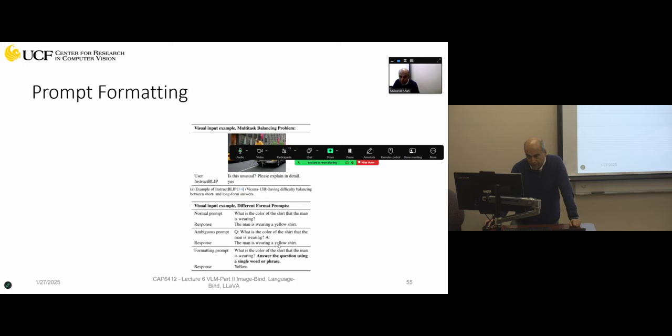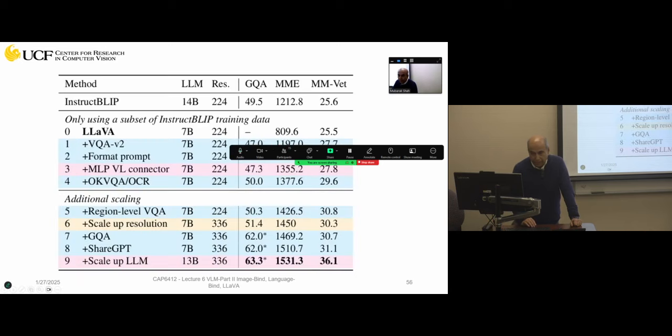Then it says the man is wearing a yellow shirt. So with the normal prompt, what is the color of the shirt that the man is wearing, it would answer like that, the man is wearing a yellow shirt. But they changed the formatting. They actually put this: what is the color of the shirt that the man is wearing? Answer the question using a single word or phrase. So it just answers yellow. Otherwise it was confusing. Sometimes it will give this, sometimes it will just say yes, and so on. So that also made a difference.